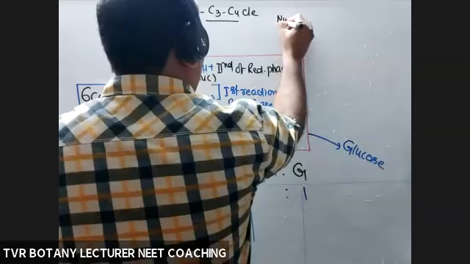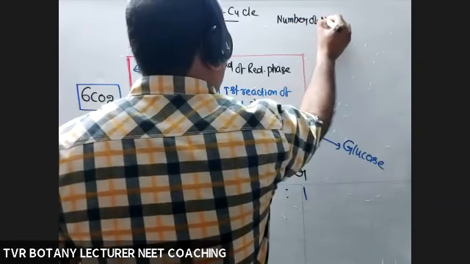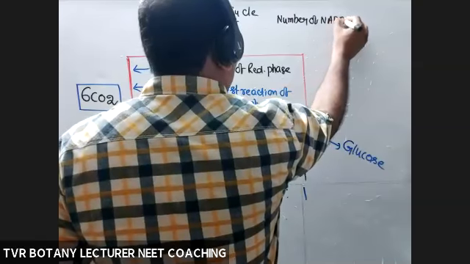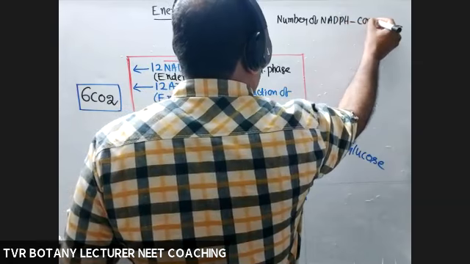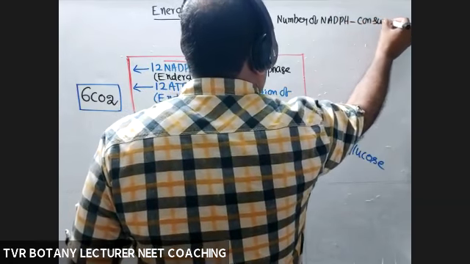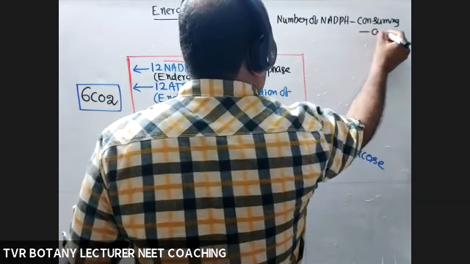Right. So now, number of NADPH consuming points, utilizing points. How many points? Only 1.